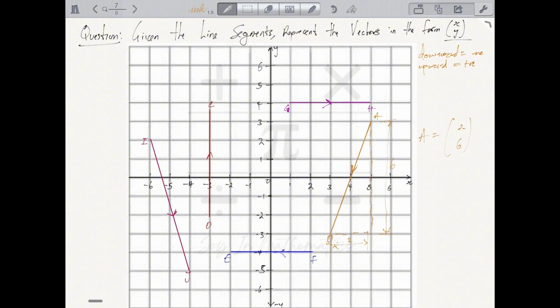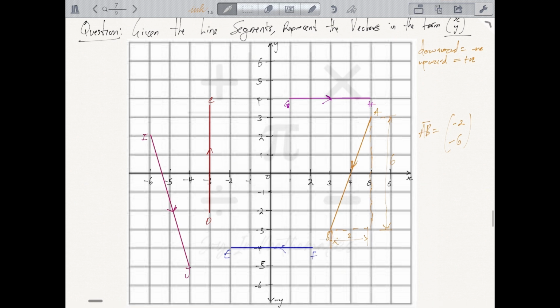However, since it is going downward, it will be on the negative side of x and of y. So vector AB is equal to (-2, -6).